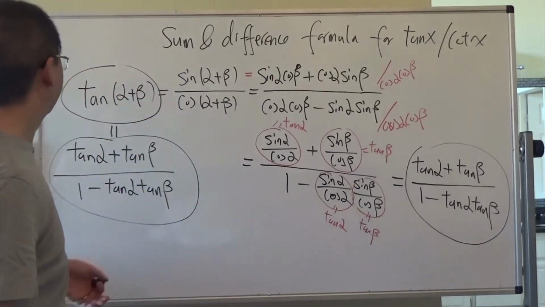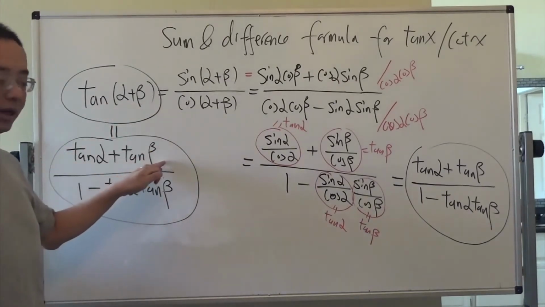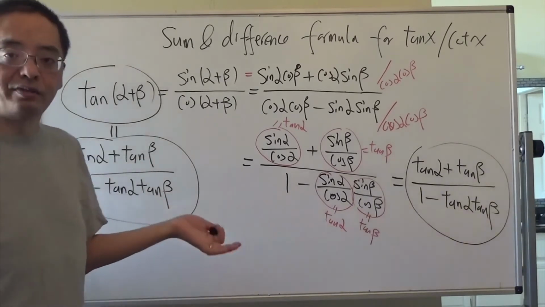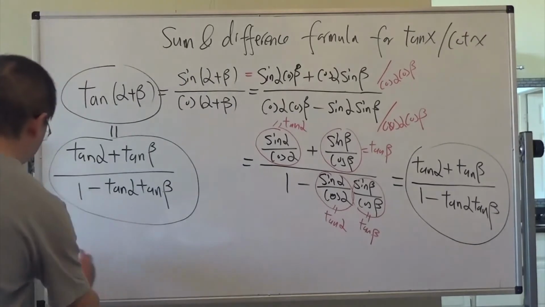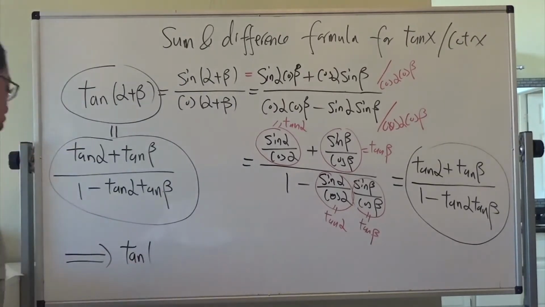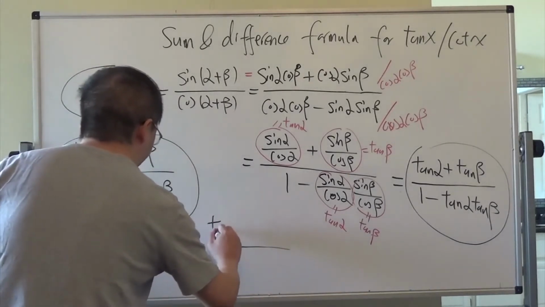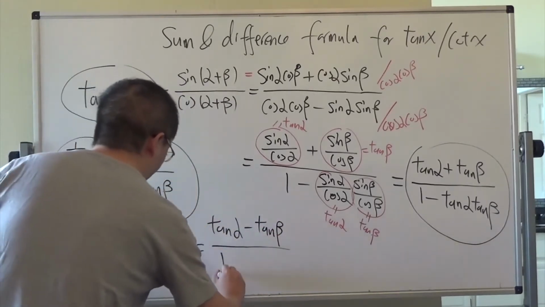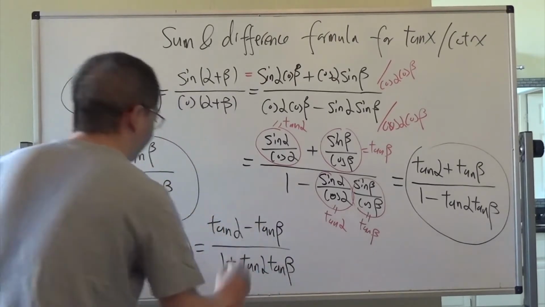Now, of course, you will consider the difference, alpha minus beta, right? For alpha minus beta, all you need to do is to change beta to negative beta, and because the tangent function, we know, is an odd function, tangent negative beta is negative tangent beta. So from here, we can derive the difference formula. Tangent of alpha minus beta equals tangent alpha minus tangent beta over 1 plus tangent alpha times tangent beta.